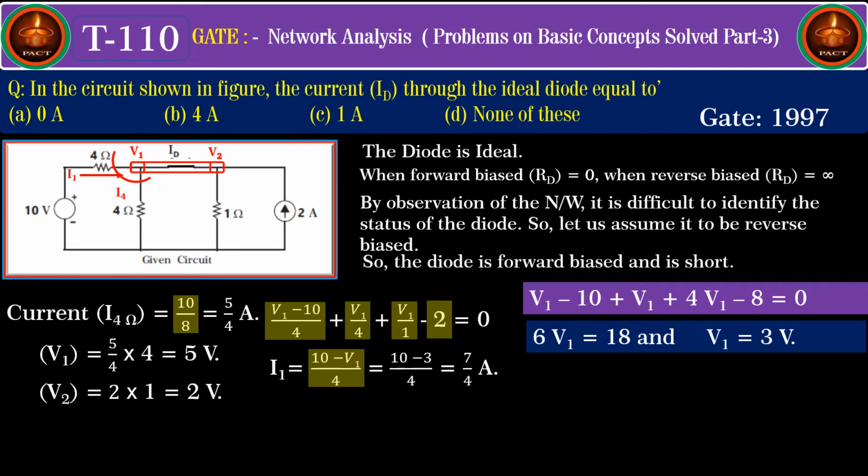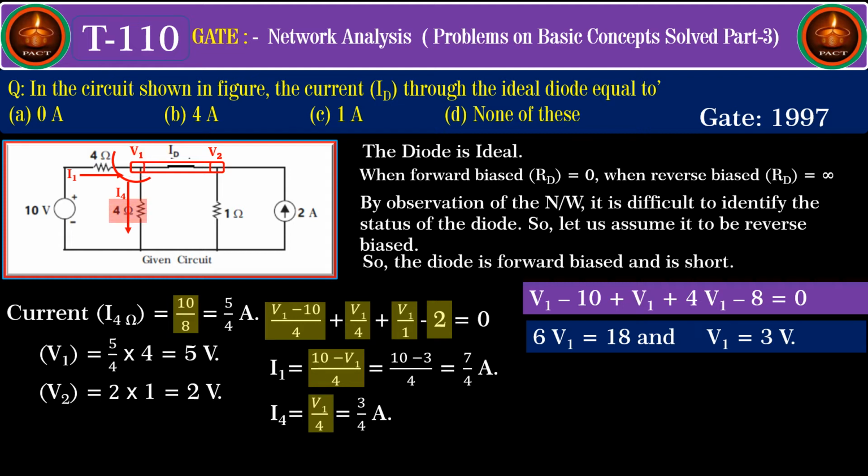Similarly, you see that I4 is equal to V1 divided by 4, and that is equal to 3 divided by 4 amperes. Now if you look into the junction node V1, I1 which is equal to 7 divided by 4 amperes is entering the junction and I4 which is 3 divided by 4 is leaving the junction.